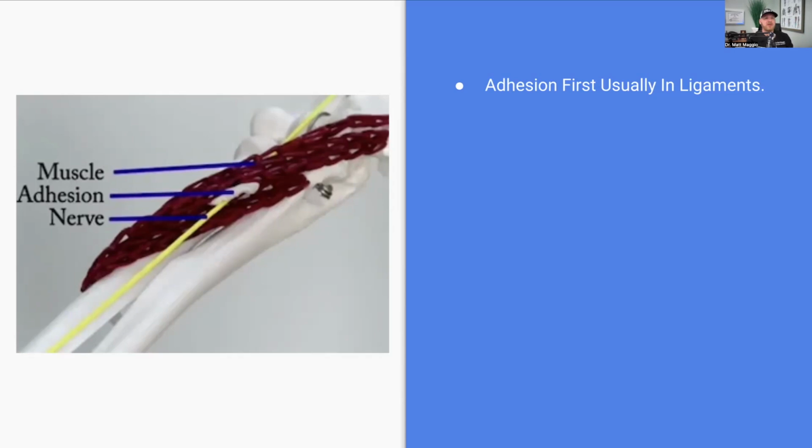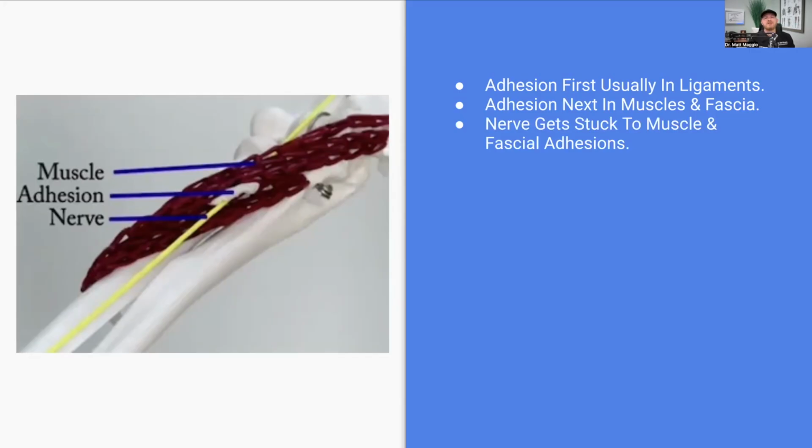So a lot of people think when they get scar tissue, they just have to have a direct injury. But more than 90% is just from overuse, repetitive stuff. So it starts in the ligaments. Now the force can't generate how it's supposed to. Then it goes into the muscles and the surrounding fascia. And when it gets inside those areas, it makes it weaker, less flexible. Then eventually the nerve gets stuck to the muscles and the fascial adhesion.